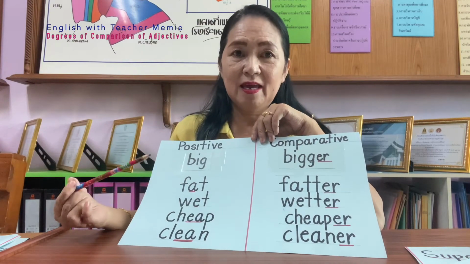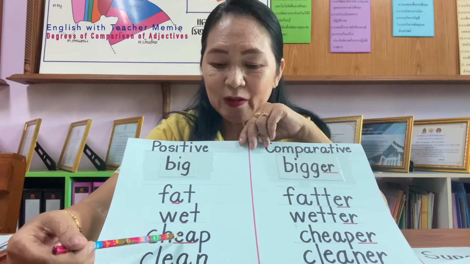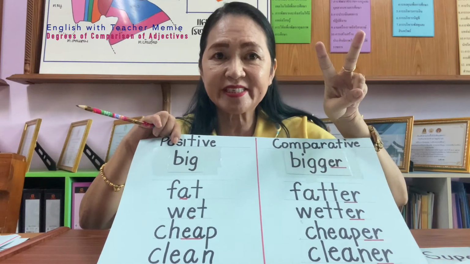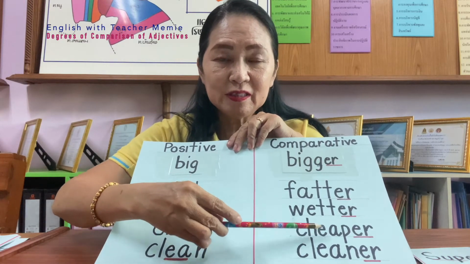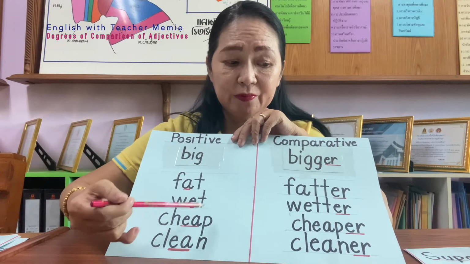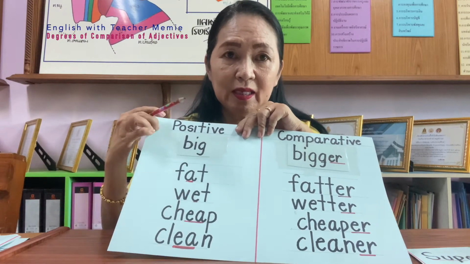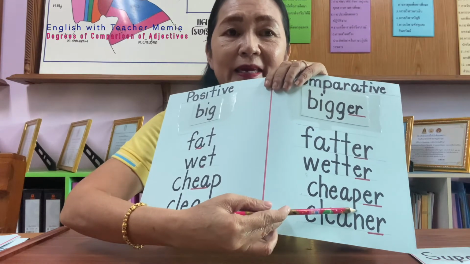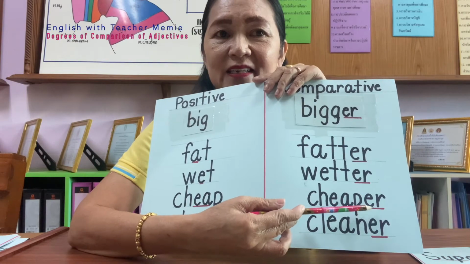Wetter. Now this time, the word cheap. Before the last letter, we have two vowel letters, E and A. So this time, do not double the last letter of the word, because we have a double vowel and only one P. Do not double it, then add ER.